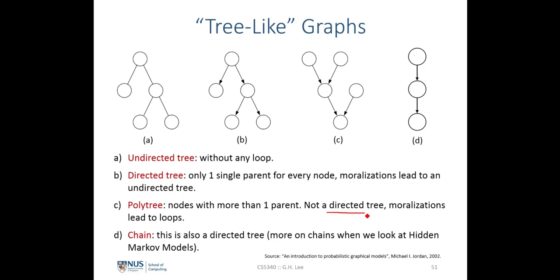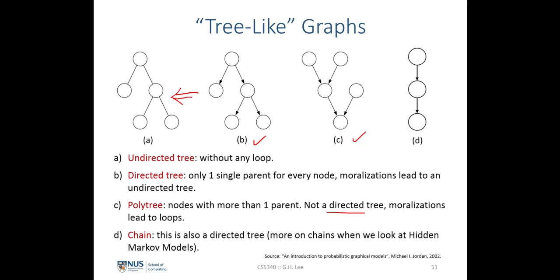This is not a directed tree, because if we compare this and this over here, we can see that there is a difference: after moralization, that means after marrying the parents of all the nodes in the directed graph, in this case it essentially turns into the undirected tree that we have seen in the illustration here.